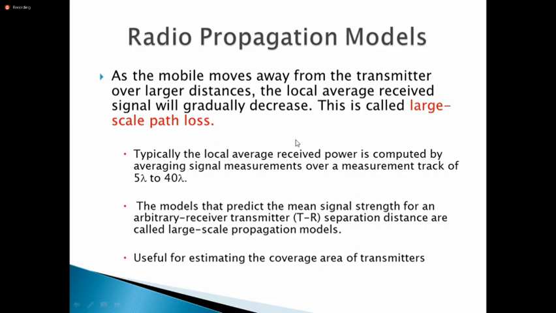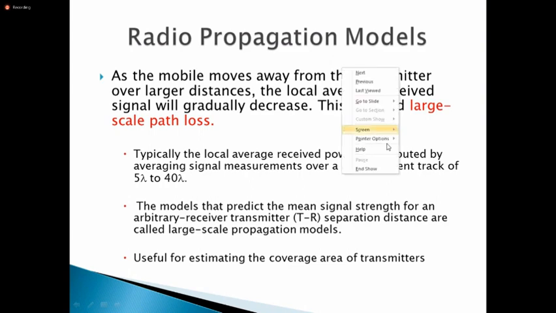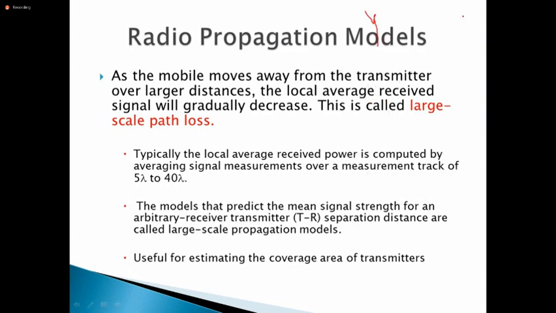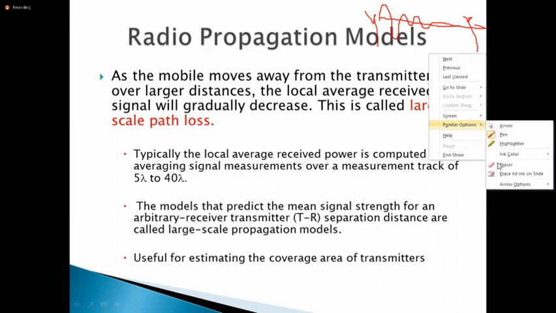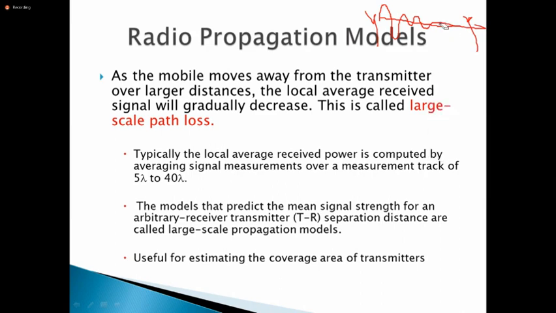So as the mobile moves away from the transmitter over larger distances, the local average received power will gradually decrease. ඒක ඉතින් අපි දැන් කියන්න දෙයක්වත් නැහැ. ඒක අපිට දැනෙනවානේ. දැන් මෙහෙම transmitter එක තියෙනවා, receiver එක තියෙනවා. ඒ transmitter එකේ තියෙන signal එක යම්කිසි දුරක් යද්දී power එක ටිකක් අඩු වෙනවා signal එකේ. හේතුව මොකද?